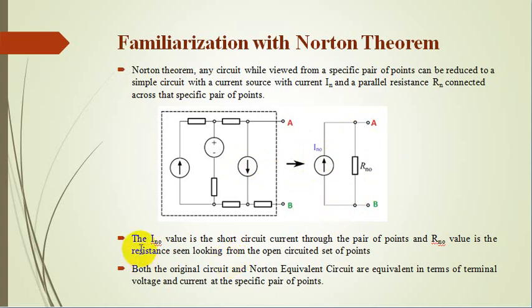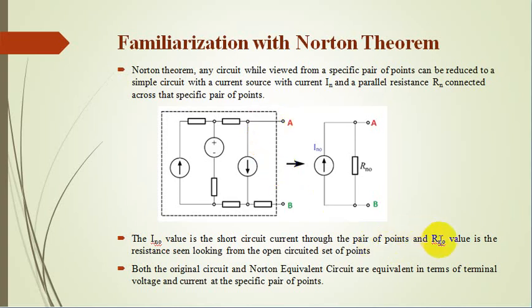Here the I N value is the short circuit current. In the Thevenin theorem the voltage is the open circuit voltage, but here the current value is the short circuit current, again through the pair of points. This is very important: what are the particular points we are considering when solving our particular circuits?